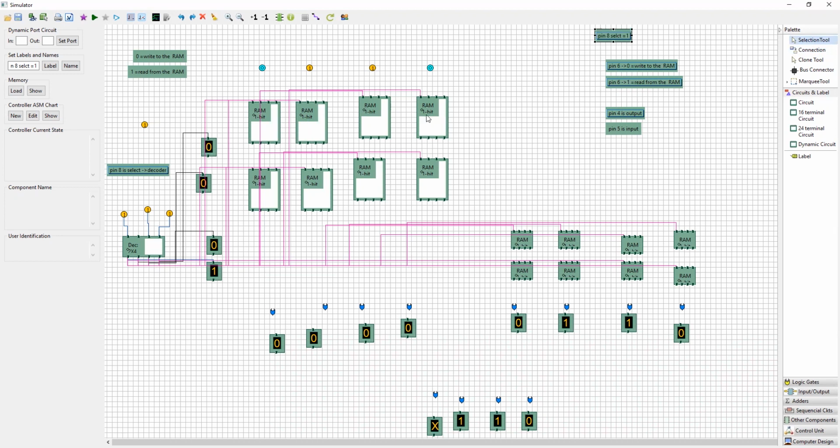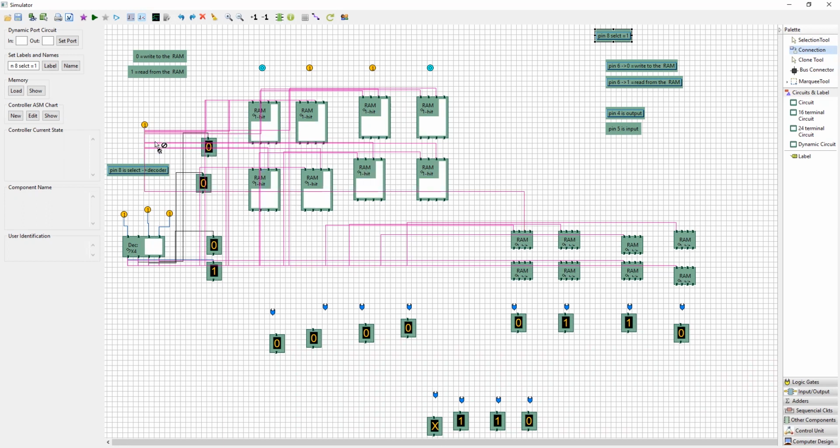Read write operation is nothing but pin number 6, which I need to concentrate on. The read write operation is common for all the RAM cells. So without any delay, we'll connect all the pin number 6 to a 1 bit switch. Here is the 1 bit switch I have taken. For all pin number 6, I'm going to connect it.